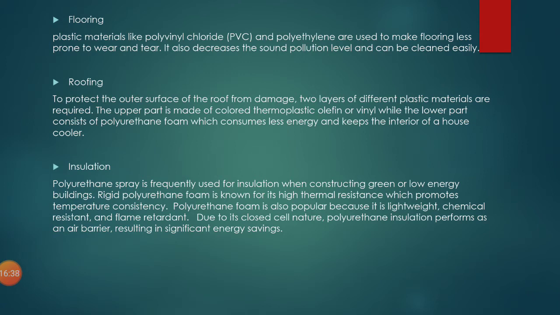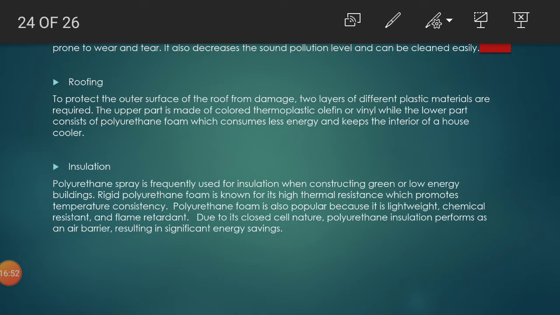So if you plan to use polyurethane for insulation, it will serve as a good air barrier, resulting in significant energy savings. So it does save the user money in the long run.